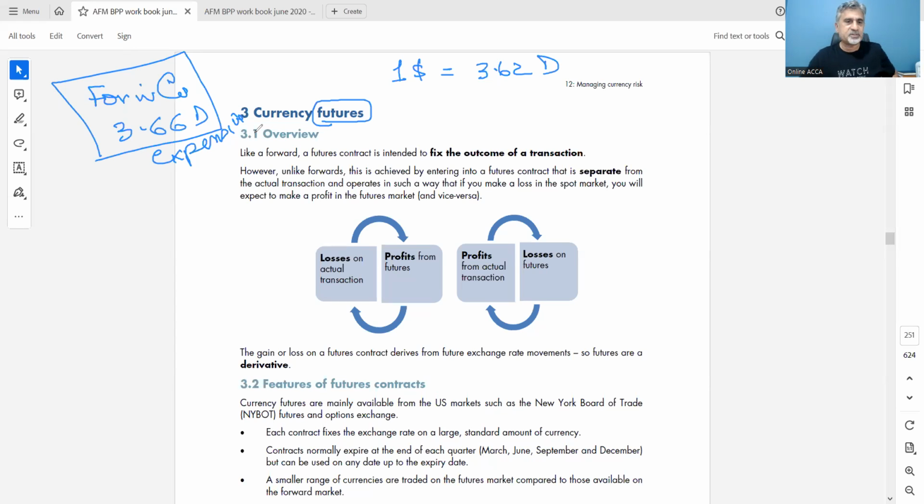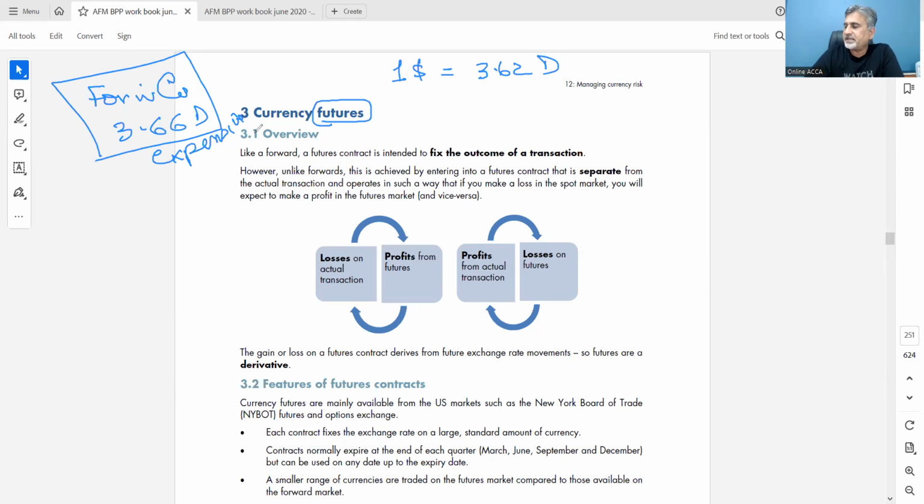Somebody has already offered to protect you, but they are asking 3.66, and you feel they are charging too much, or probably you feel there is a risk of default from the other side. Let's see what happens if, instead of using a forward contract as my hedging tool, I use a future contract.